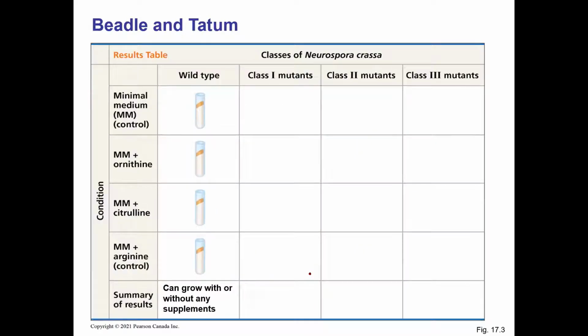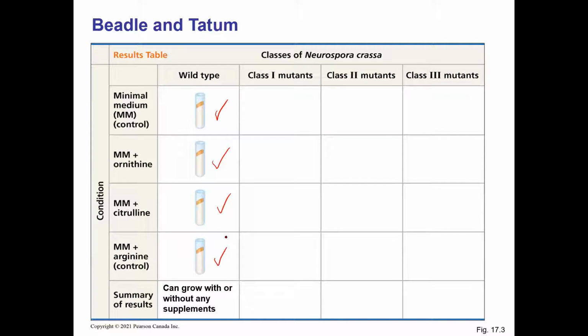So here's our wild type on the left. And what they're showing here is that this wild type organism has all the functional genes. So it grows in the minimal media. It grows in the minimal media plus ornithine, minimal media plus citrulline, minimal media plus arginine, all good.